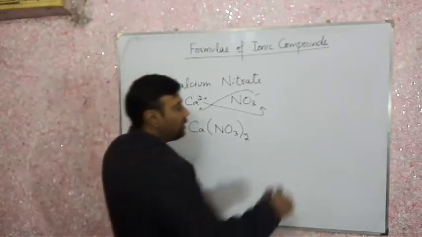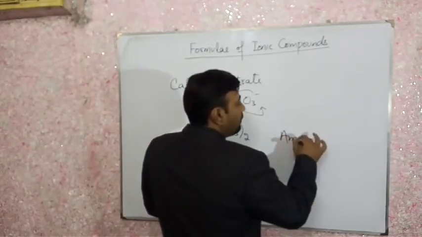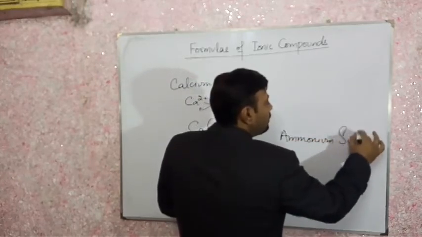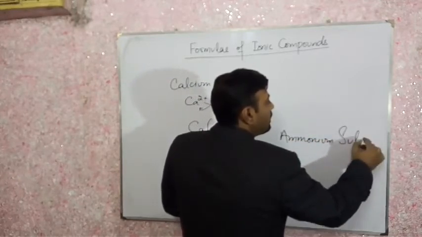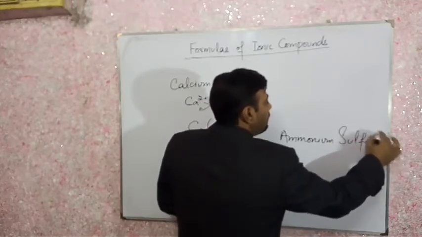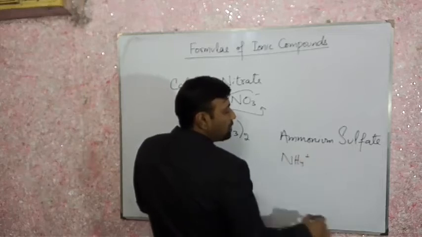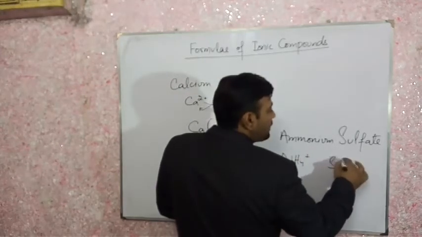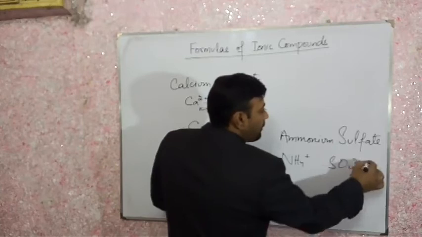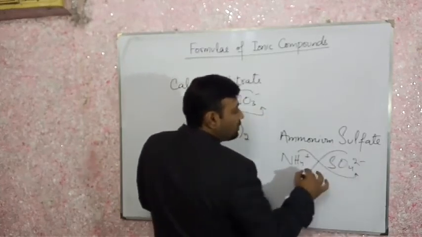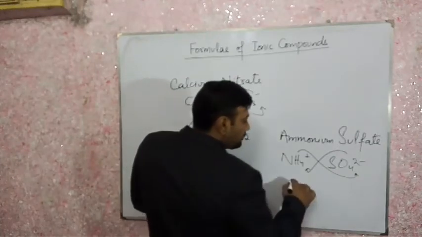Now take another example. Ammonium sulfate. Ammonium ion is NH4+ and sulfate ion is SO4 2−. Now again crisscross the charges.